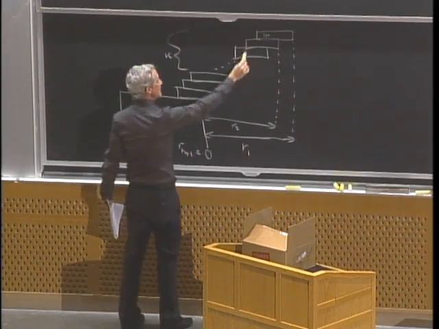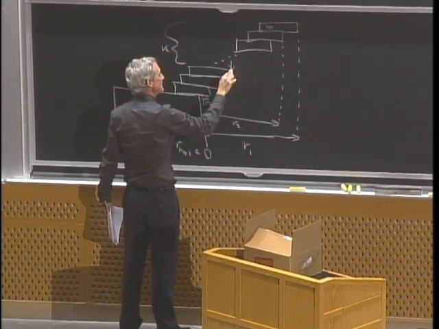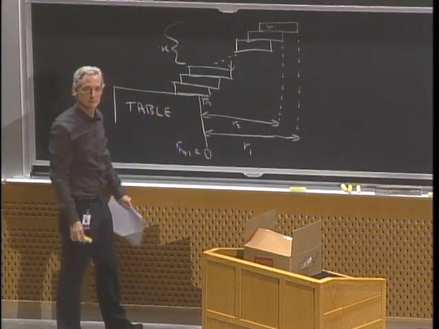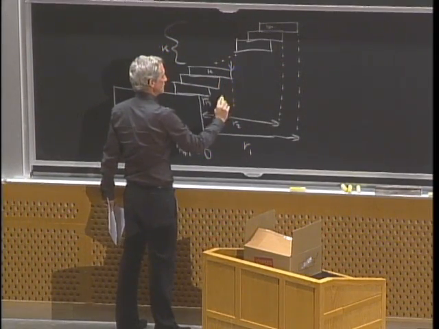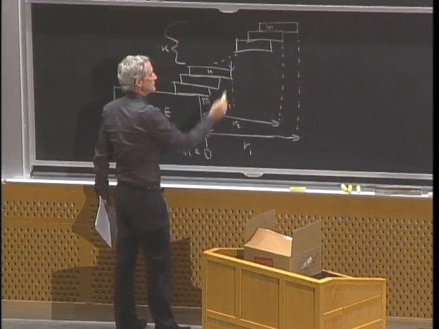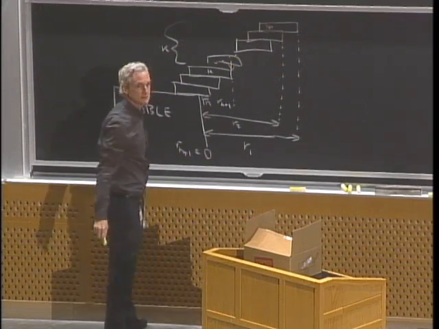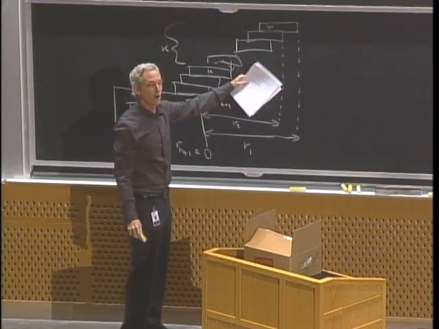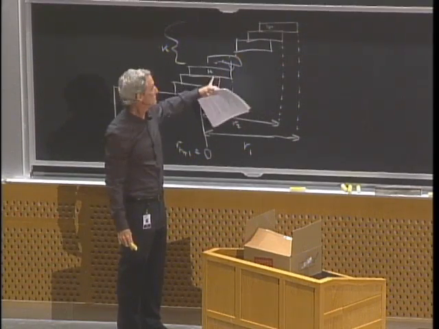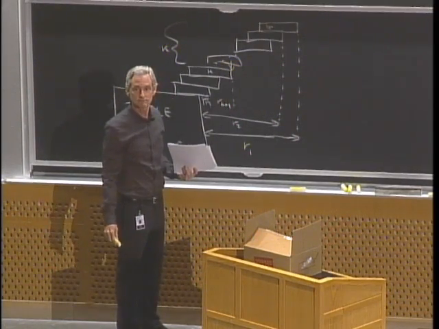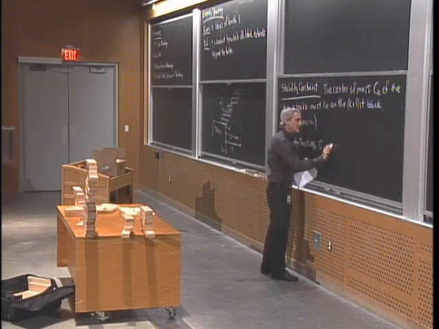The center of mass of the top K blocks, by the greedy strategy, is right at the edge of the K plus first block. So if this is block K here, then this is R(K+1). That's where the center of mass has to be of all these blocks, the top K blocks. If it's a little bit more, it's going to fall over. If it's less, then it's not greedy. We didn't push it out as far as it could go. All right? So for the greedy stacking, CK is equal to R(K+1).